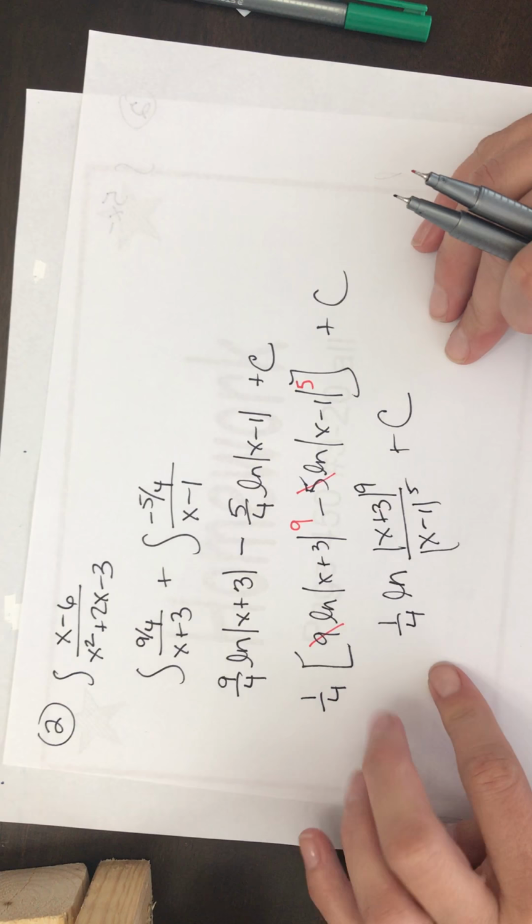All right, now this is addition in between, so this could be rewritten as the natural log of x minus 3 cubed times x plus 1 squared, and then plus c. They could also write it with one absolute value. Okay, so because it's addition, you can condense using multiplication.